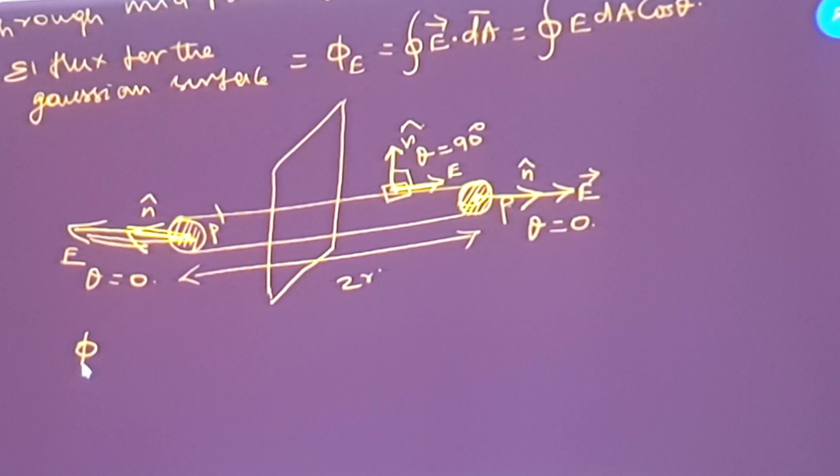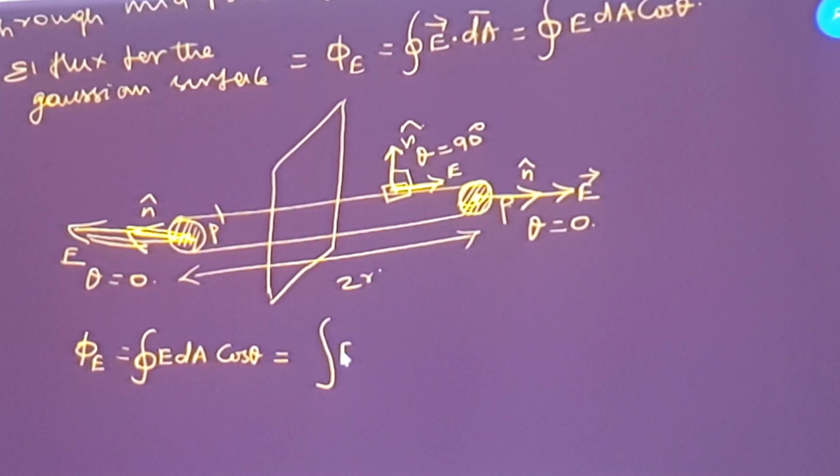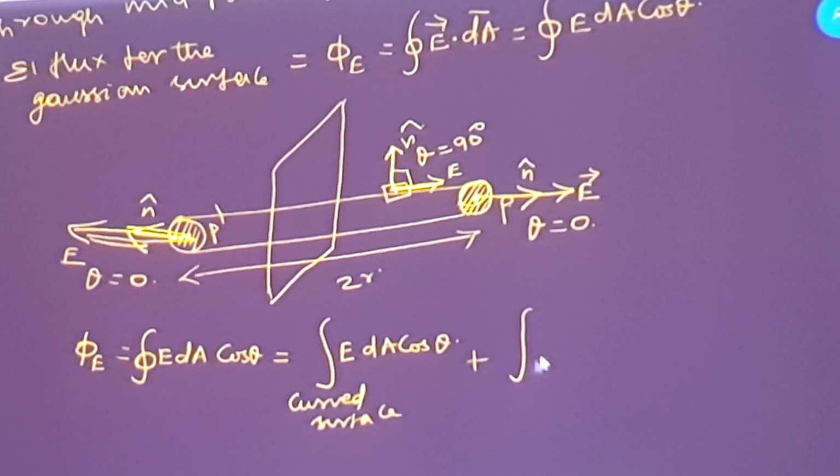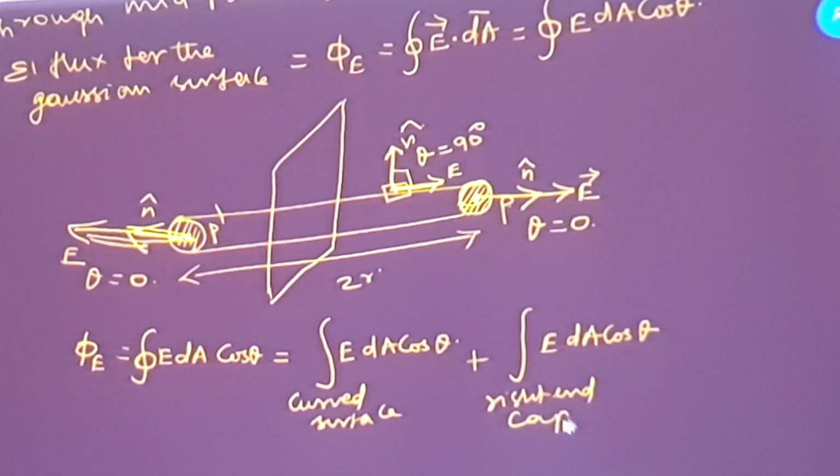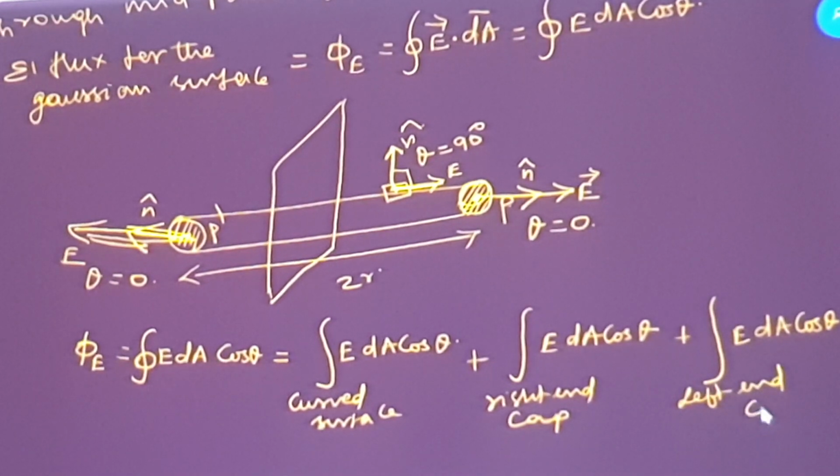See how I can write the flux due to the Gaussian surface: phi E is equal to closed integral of E dA cos theta, which can be written as integral of E dA cos theta for the curved surface, plus integral of E dA cos theta for the right end cap, plus closed integral of E dA cos theta for the left end cap.